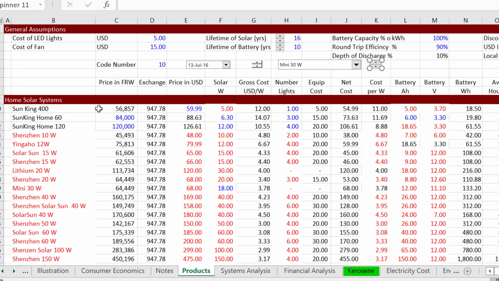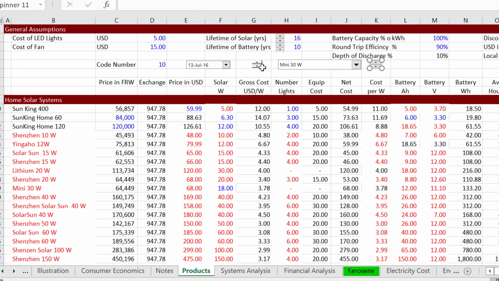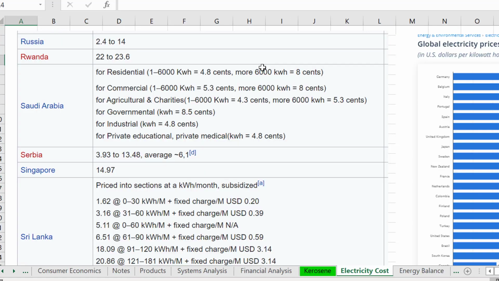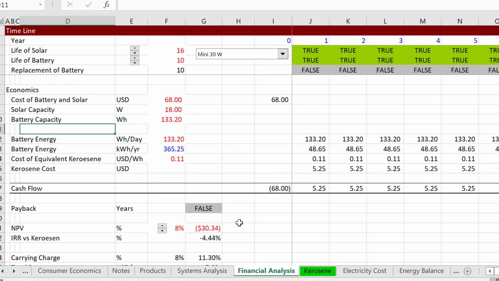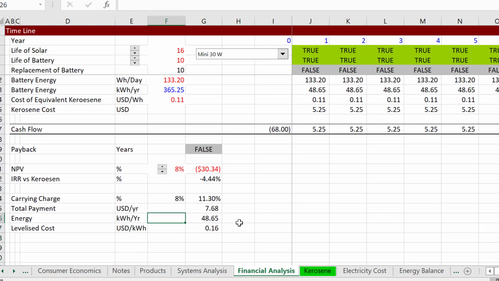Once we've cleaned up the operational analysis, you know what I didn't do last time, which I should do almost right now, is just say, look, if we have a levelized cost of energy here in terms of 16 cents, this is 0.16 USD.